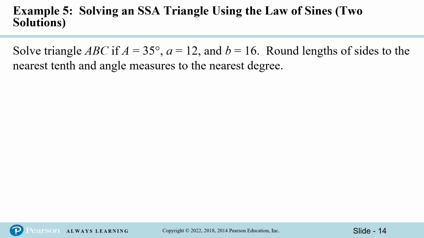All right, now we have an angle A. For convenience's sake, we're going to make that 35 degrees. And here's my B, and here's my C. And now we've got a side, and I'm just going to draw it like this. And B is 16.